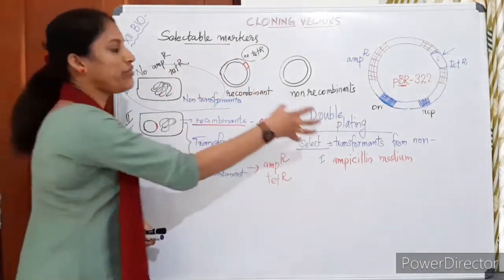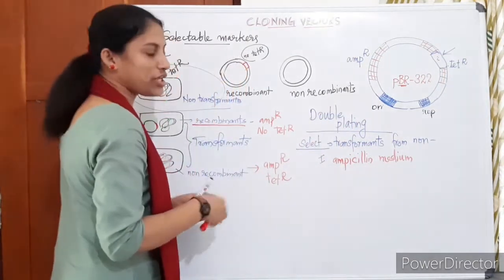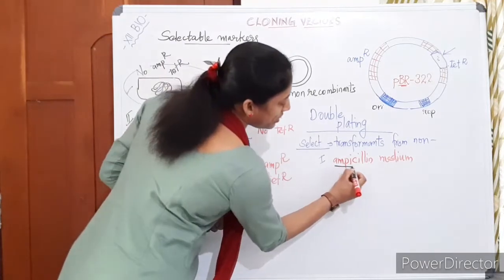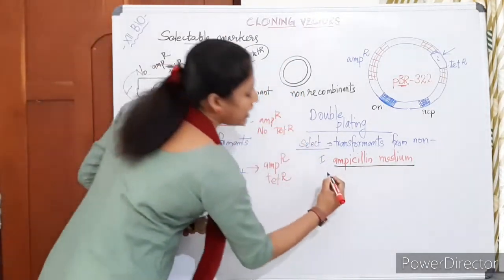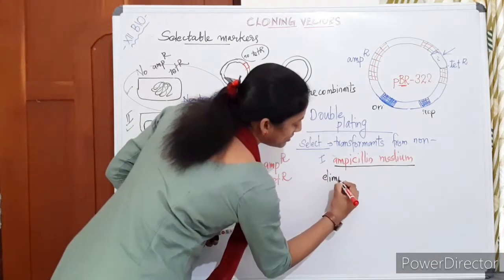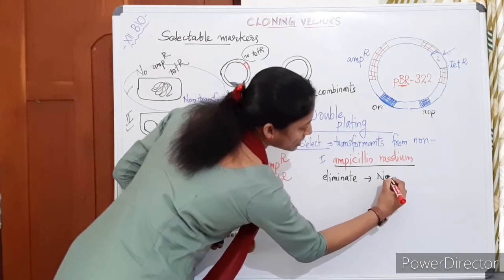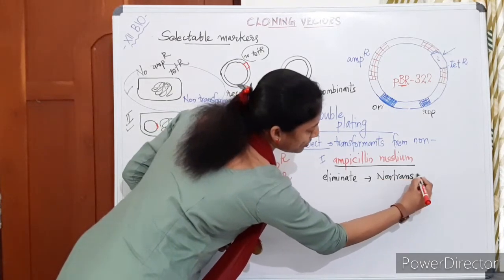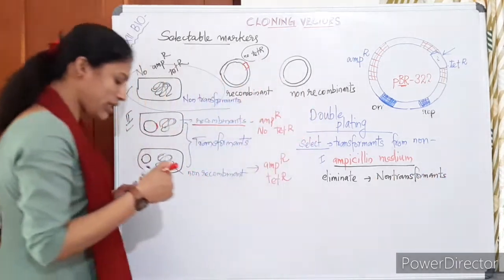So when we grow the bacteria in ampicillin containing medium, we can eliminate what? Non-transformants. That means the non-transformants cannot grow in that medium.